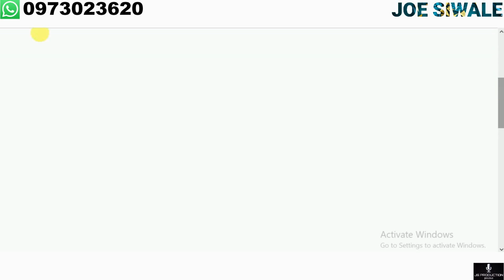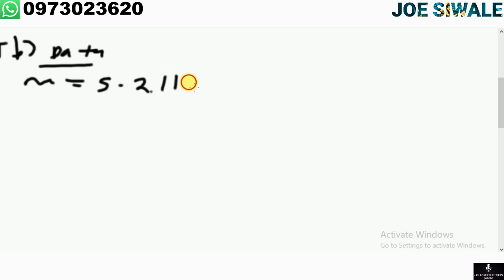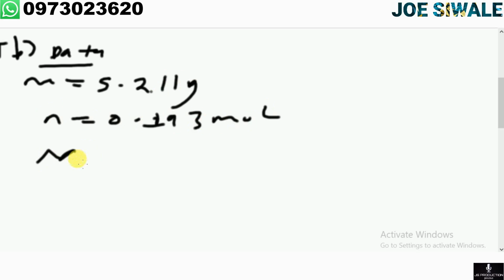So B, I've been told that, so I'm going to collect the data. So mass is equal to 5.211 gram. Then the number of mole is equal to 0.193 mole. I'm trying to calculate the molar mass. I don't know it. So I'll say molar mass is equal to mass divided by number of moles.